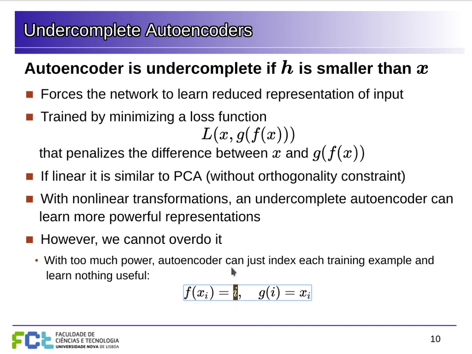But if it's powerful enough, it could store inside the combinations of weights in the network all the possible examples. And so the decoder will simply take that number as an index and output the corresponding example. This would work like a table where if it's example 32, then it's this output; if it's example 33, it's this other output, and so on. And it would not generalize anything. So it would not be useful in capturing the structure of the data.